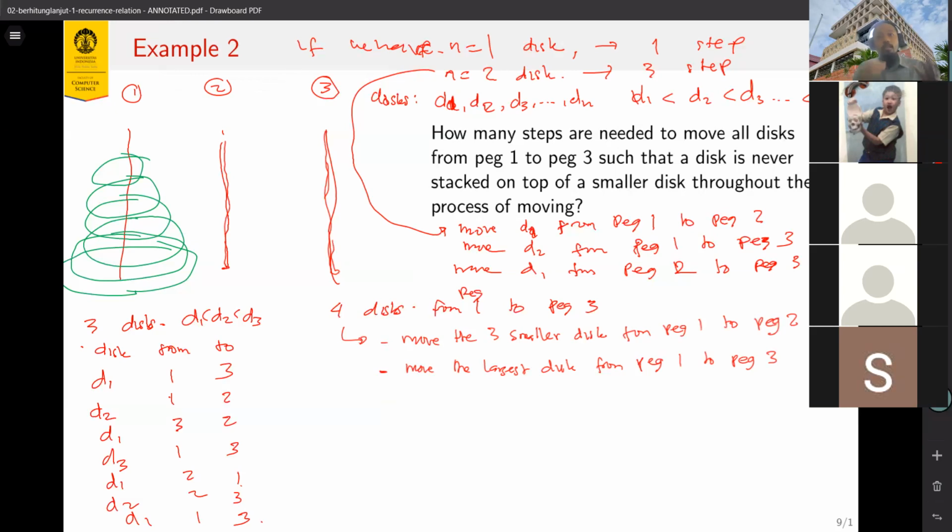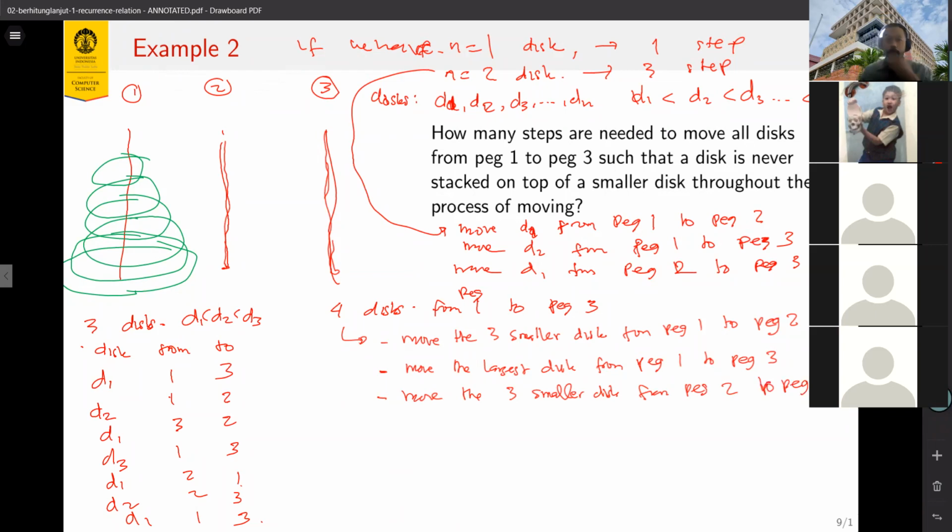The strategy is first to move the 3 smaller disks from pack 1 to pack 2, and then followed by moving the largest disk from pack 1 to pack 3, and then we finish it by moving the 3 smaller disks from pack 2 to pack 3.